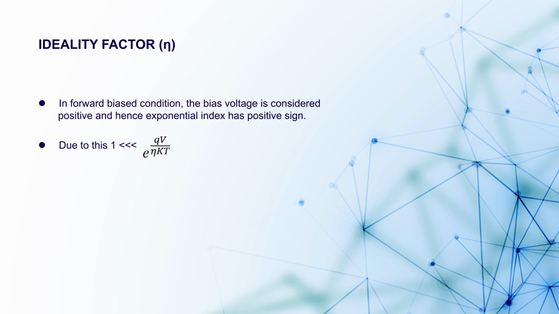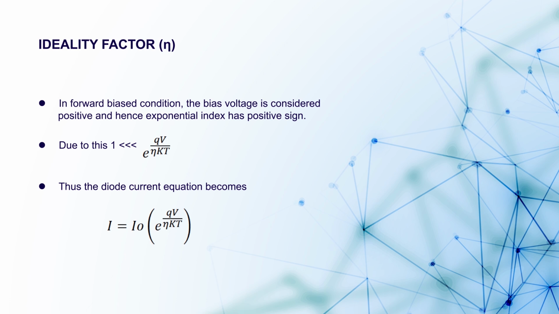So, we can neglect 1 with respect to the exponential term. Therefore, for forward bias condition, the diode equation becomes I equals I naught into e to the power qV upon nkT.